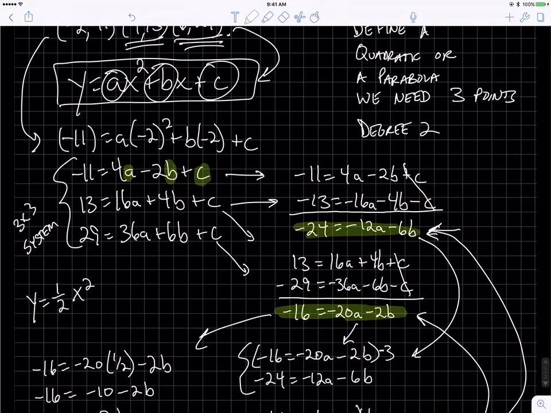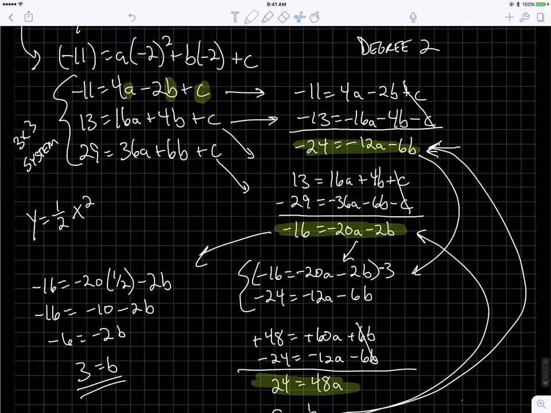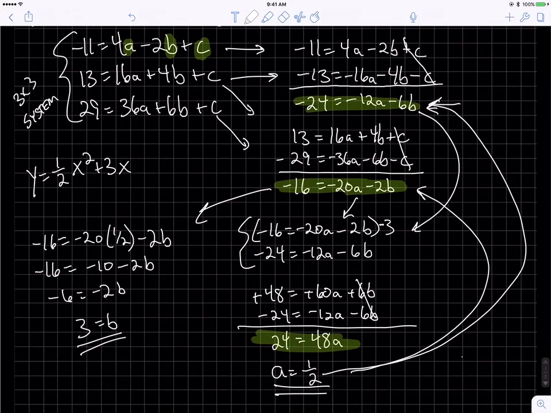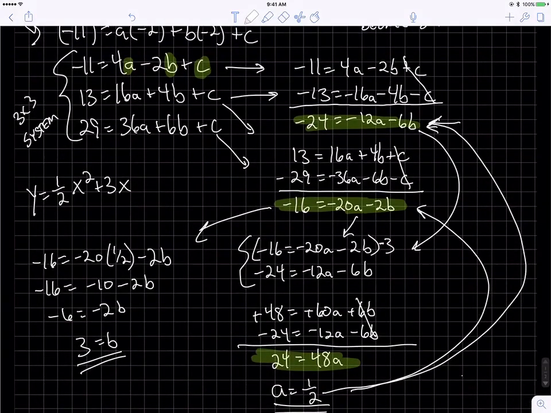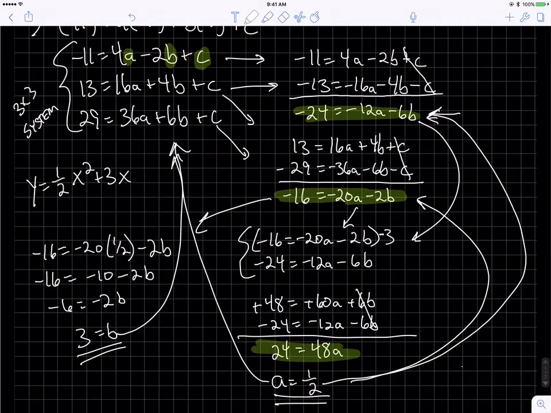So now I've got my b and my a, so I can fill in. For b, I have 3, so it's plus 3x. And now I just need to find my c. The way I find c is I take my a and my b, and I fill it into any one of these original equations. So I'm going to choose the first one. Negative 11 equals 4 times 1/2 minus 2 times 3 plus c.